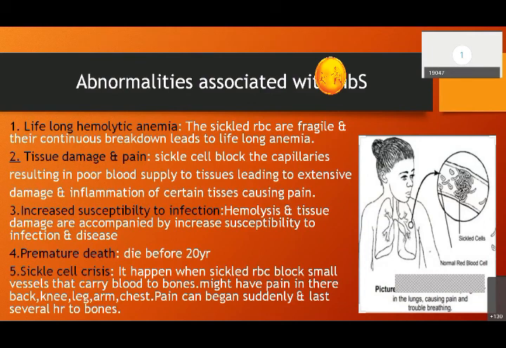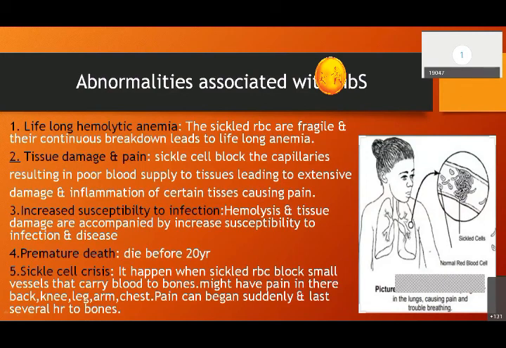Third is increased susceptibility to infection. There is hemolysis and tissue damage, which are accompanied by an increase in susceptibility to infection and disease. Then there is premature death, in which the homozygous individuals die before the age of 20 years.